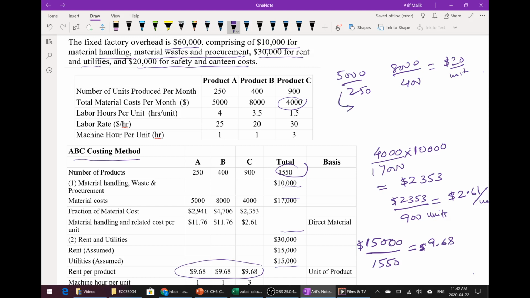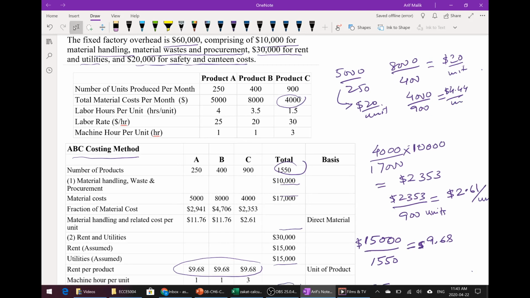This is also $20 per unit. And for product C, the material cost is 4000 divided by 900, which is $4.44 per unit. So these are the direct material costs.